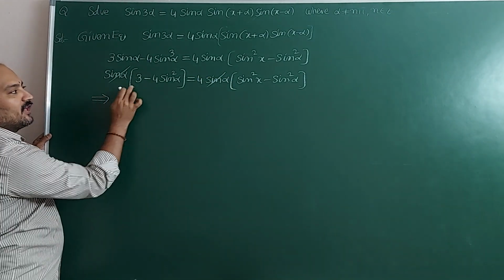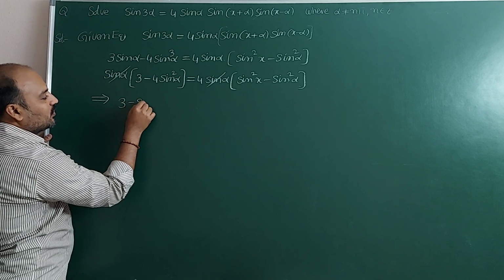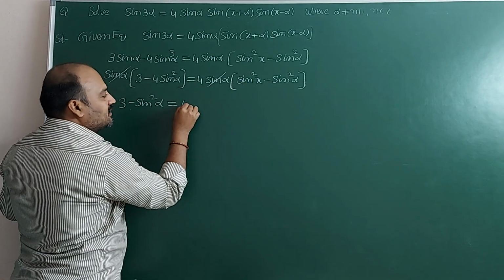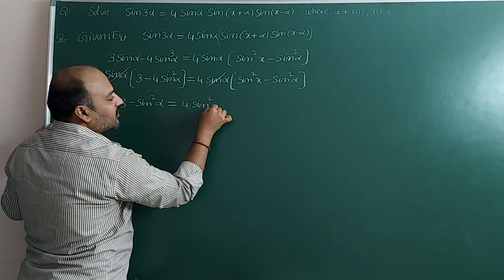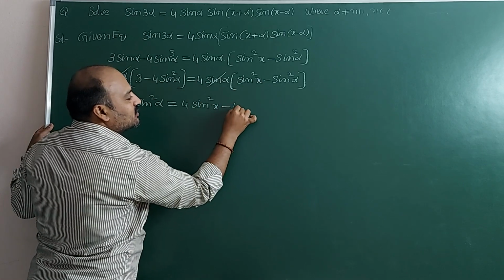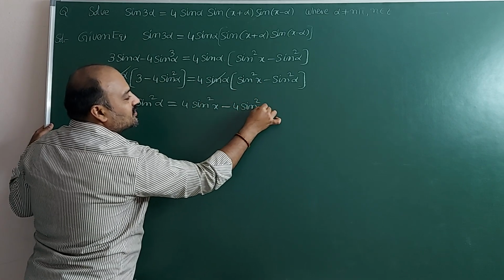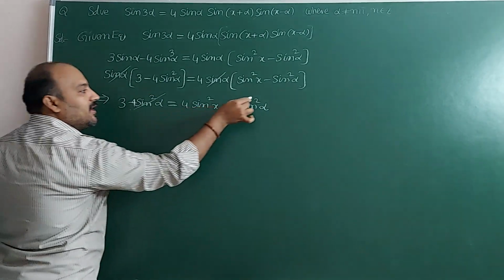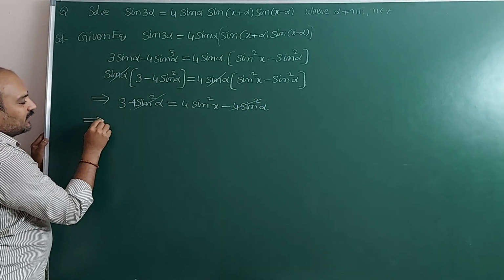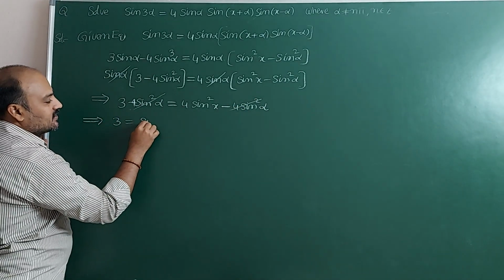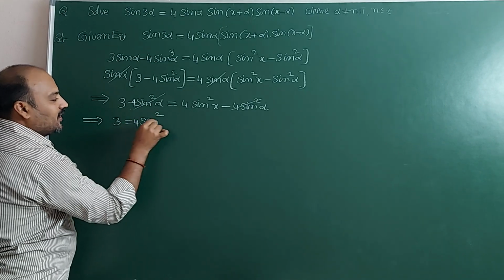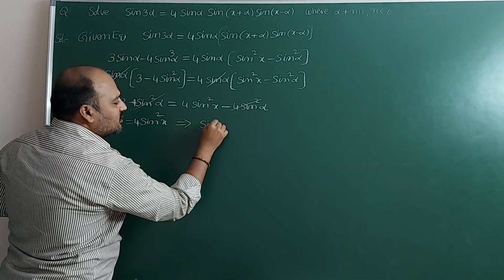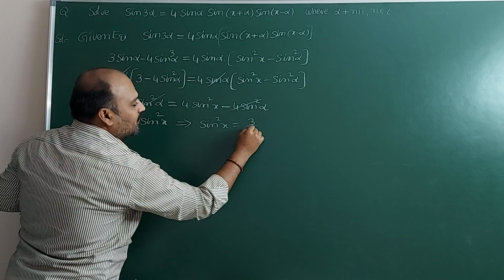Later on simplification, 3 minus 4 sin square α is equal to 4 sin square x minus 4 sin square α. Both sides, 4 sin square α will be cancelled. That implies 3 equals 4 sin square x. So that can also be written as sin square x is equal to 3 by 4.